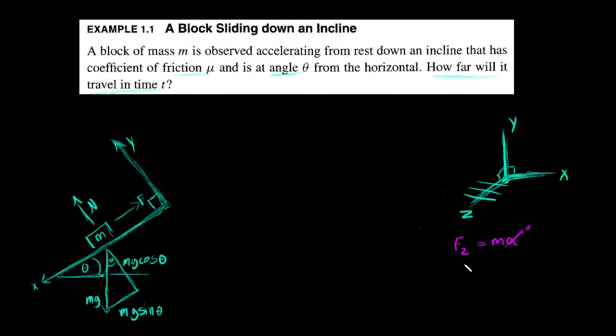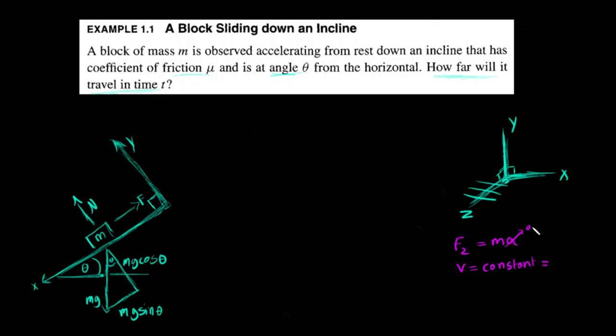That would simply mean that if the acceleration is 0, then the velocity is constant. And it's equal to 0. Why?